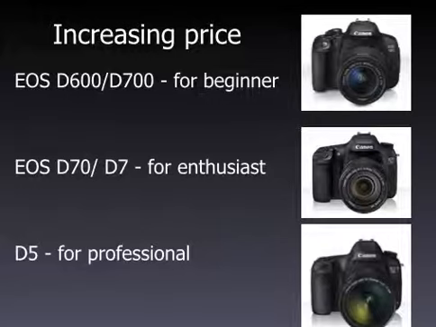But to be honest, I've just bought a D700 and it's fantastic. I have no problems with it. I'm not really a total camera photography enthusiast, so I don't see any advantage in paying for a D7 or a D5.